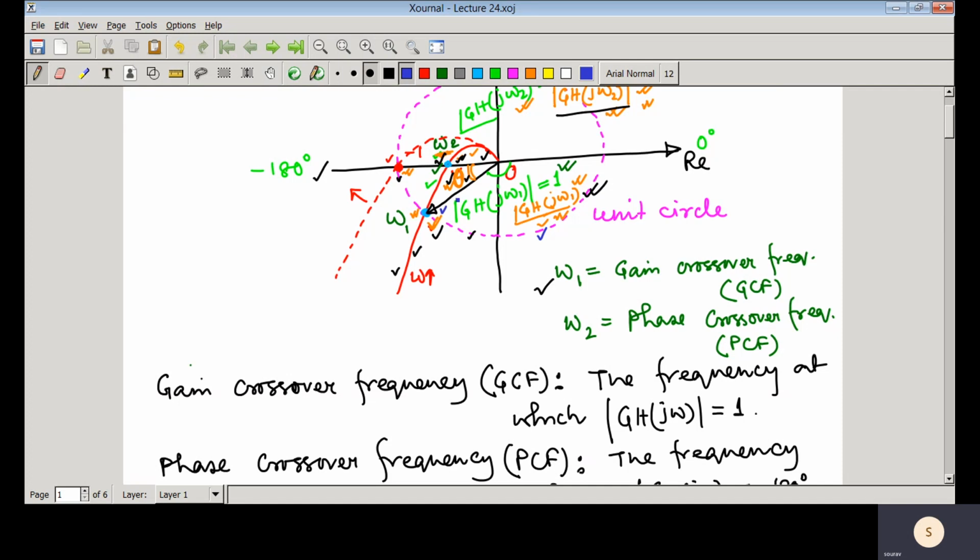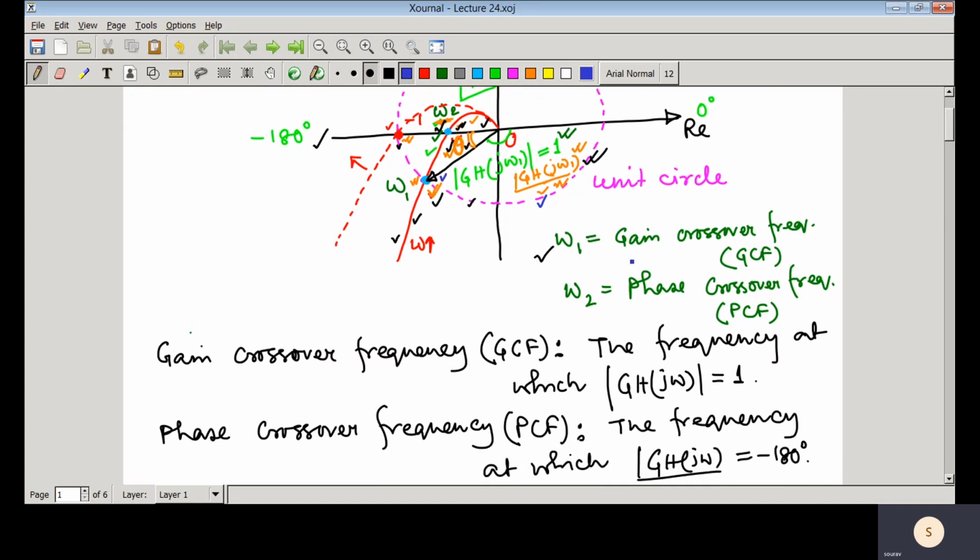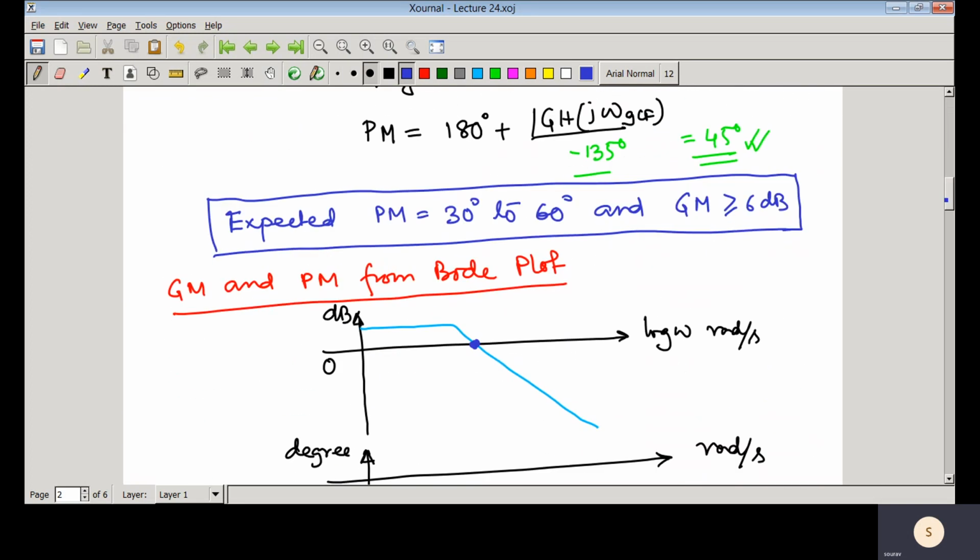That we have seen here, ω equal to ω1. So that frequency is the gain crossover frequency. So here, this is the frequency when the magnitude plot crosses the 0 dB line. So this is actually the gain crossover frequency.